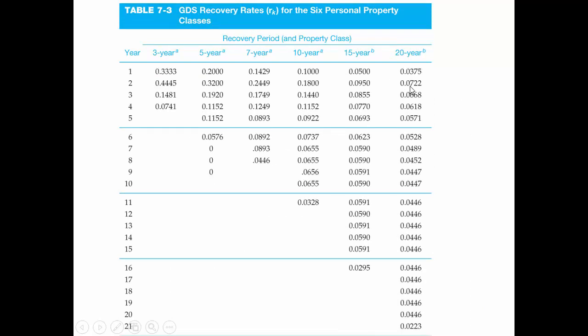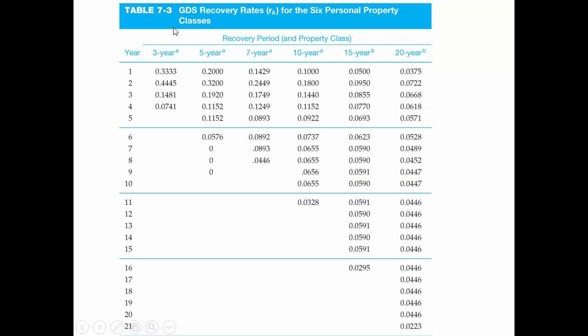Once you know what the recovery period is, then these are the tables you'd use to find the depreciation fraction for each given year. For each of these columns, if you add up all of the fractions, it adds up to 1. The reason is, remember, we expect that all of the item's value will be lost when we use the MACRS method. In other words, there's no salvage value.